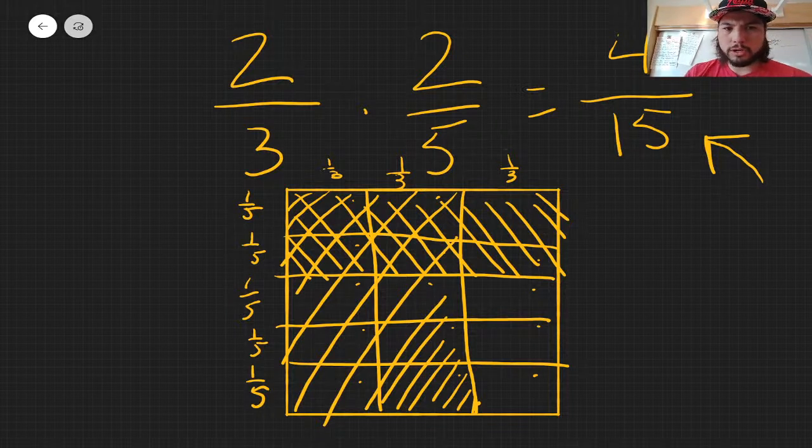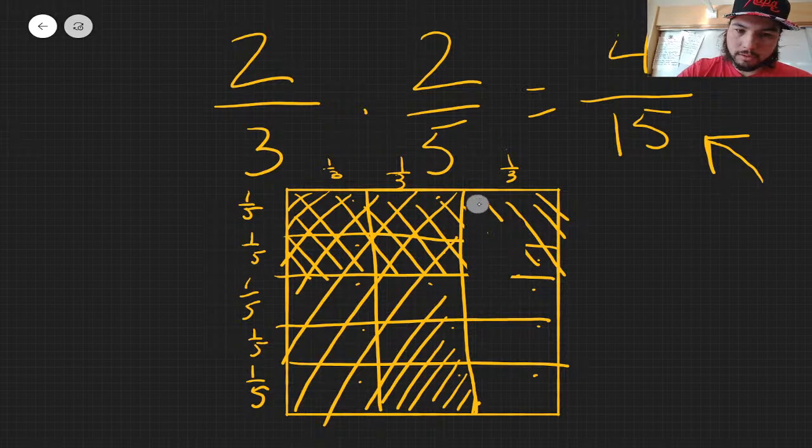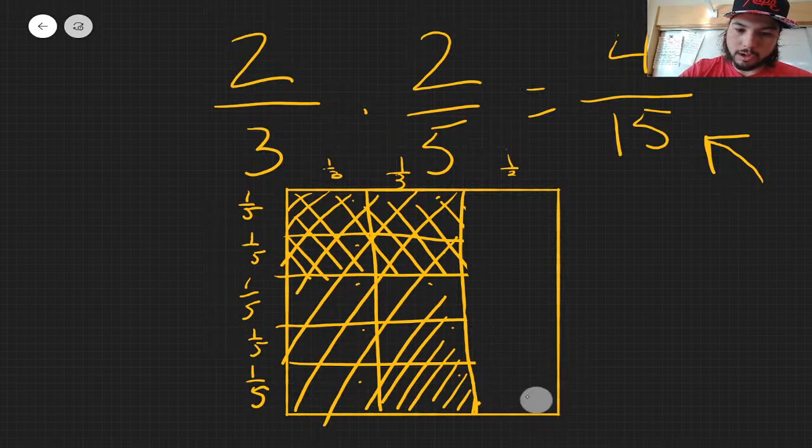is that we had started with 2/3. So our third, or this bit here, we don't have to worry about, because we're only focusing on 2/3 of our 2/5.